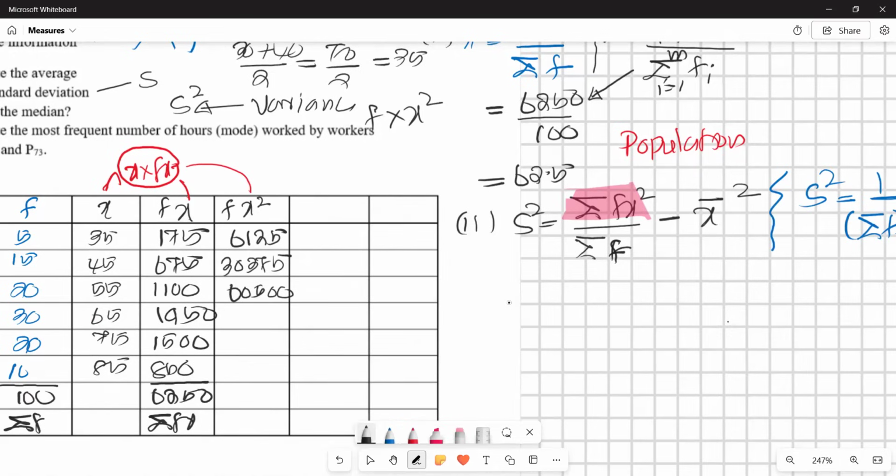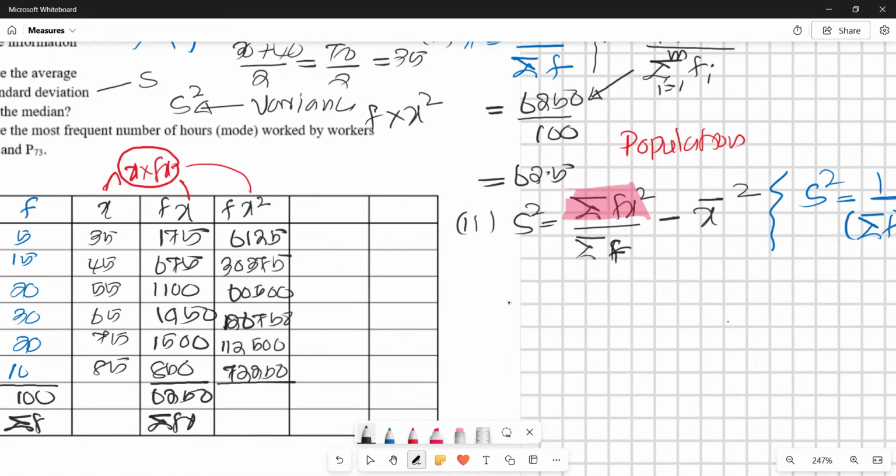This is 112,500. 85 into 850. This is 72,250. Right. Now get the sum of this column.